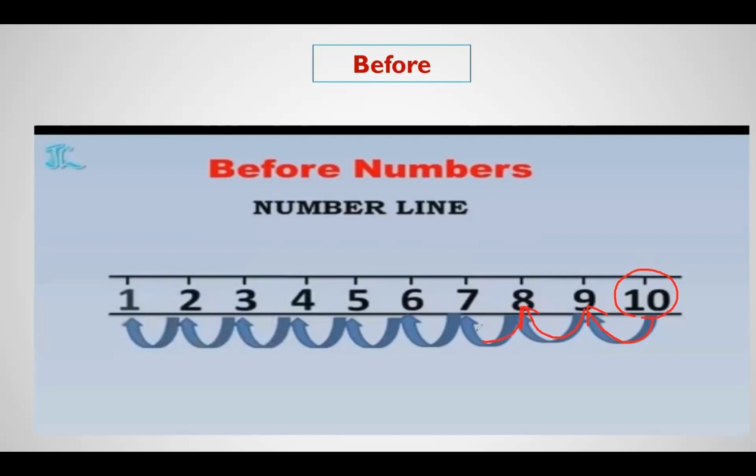Before the 8, 7. So the number that comes before is like we jump back, or what stands behind the number. Behind number 7, we have 6. So this is the before. Let's solve an example together to remember the before numbers more.